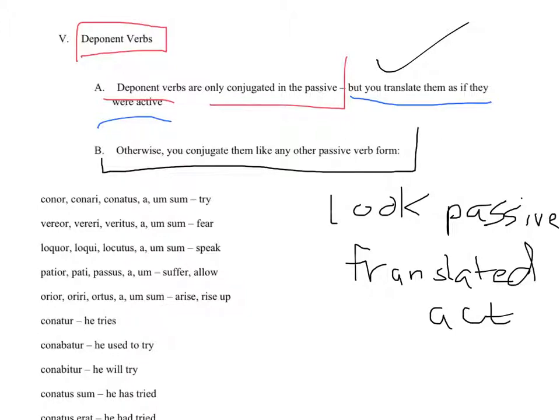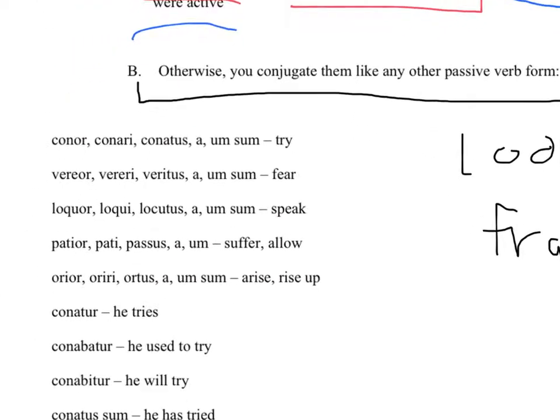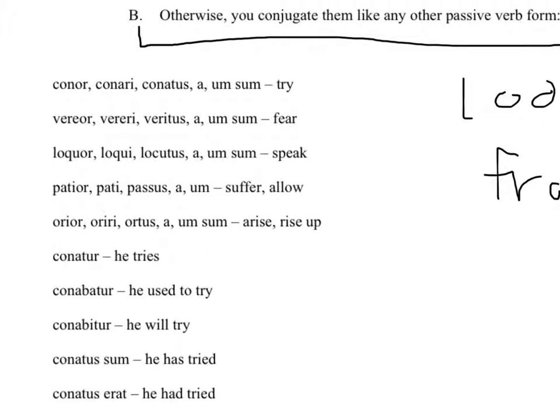The verb conor. You'll note that the principal parts are already funny looking because there is no fourth principal part essentially. There's a first, a second, and then what looks like the fourth principal part appears in the third slot. Conatus, conata, conatum sum.